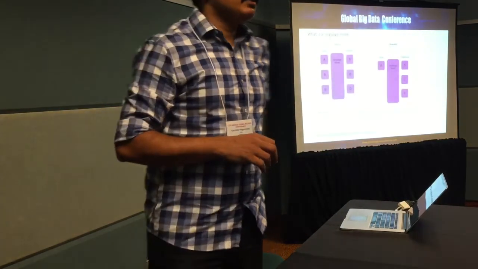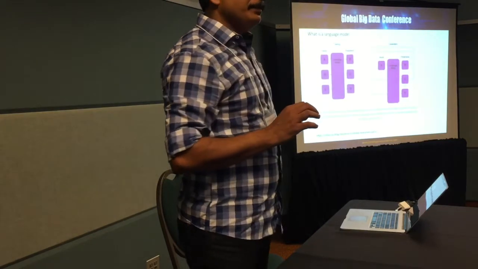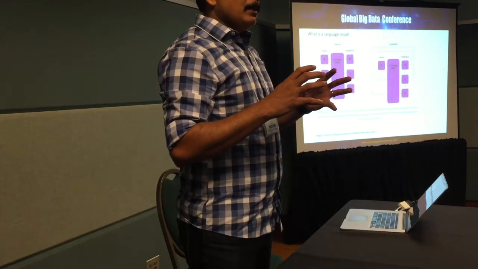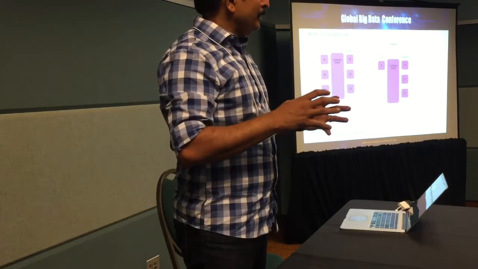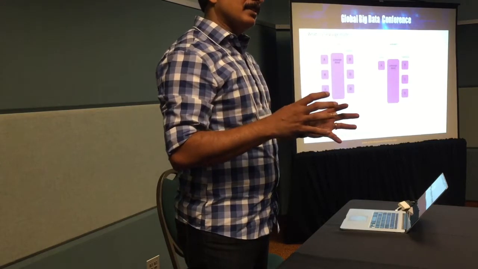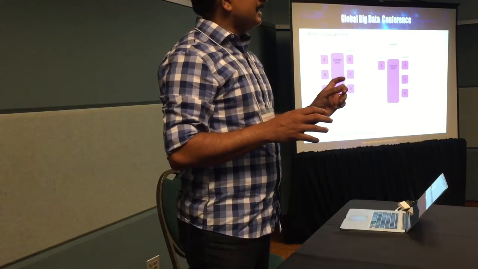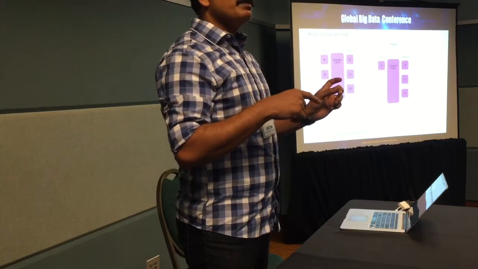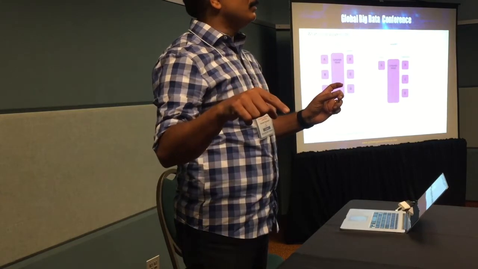A language model helps you in so many different ways, but let me explain. A language model is a deep neural network where you are training the model to understand how sentences are constructed. And when you give an incomplete sentence, a language model will predict what would be the next word, and the word after that, and the word after.